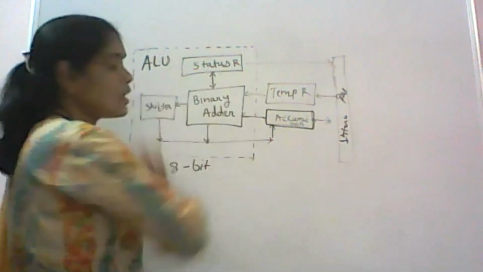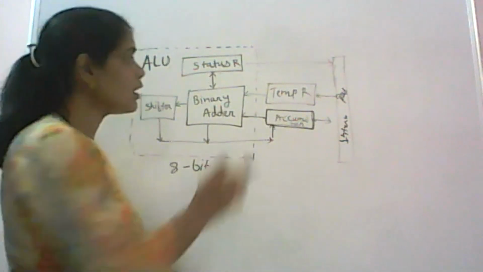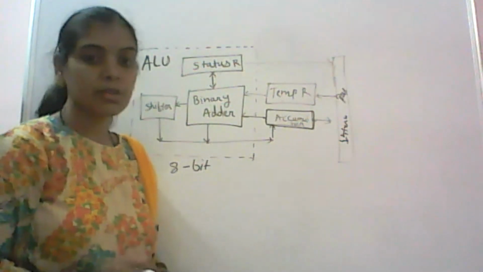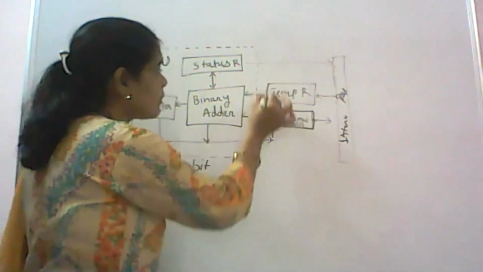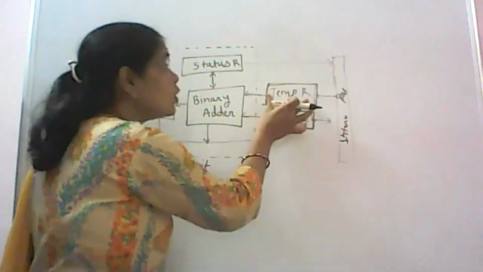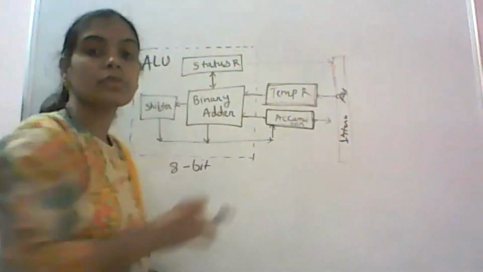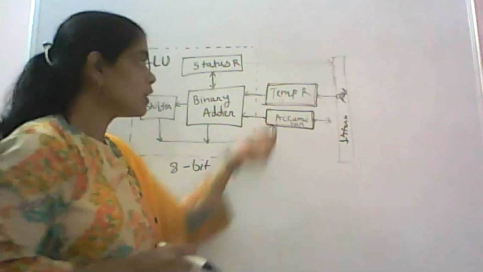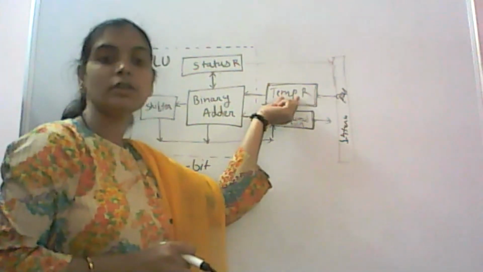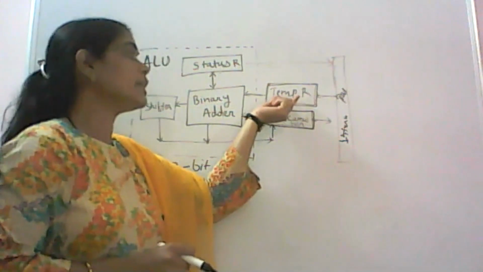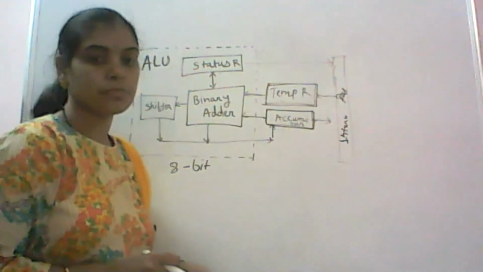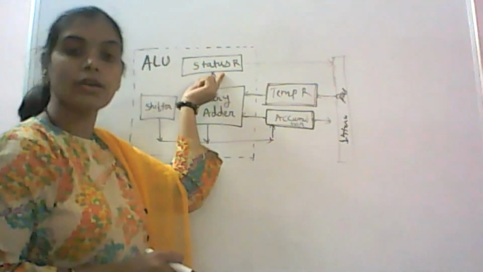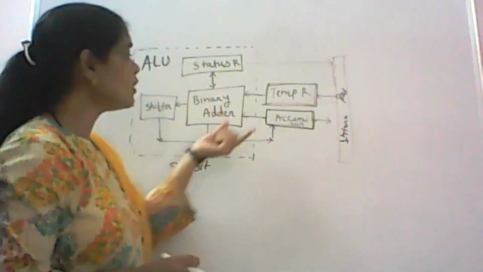Accumulator, temporary register, and flag register are closely associated with the ALU. The temporary register is used to hold data during the arithmetic and logical operation. And the flag register is set or reset according to the result.